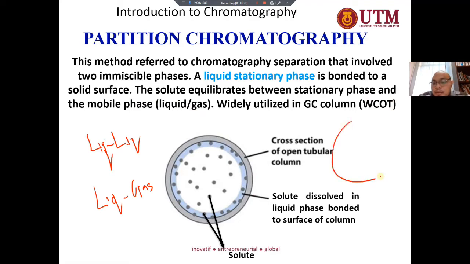It means that on the wall of the tubular or capillary column, we have the liquid phase coated on the wall of the column. The solute equilibrates between the stationary phase and the mobile phase, widely utilized in GC columns.